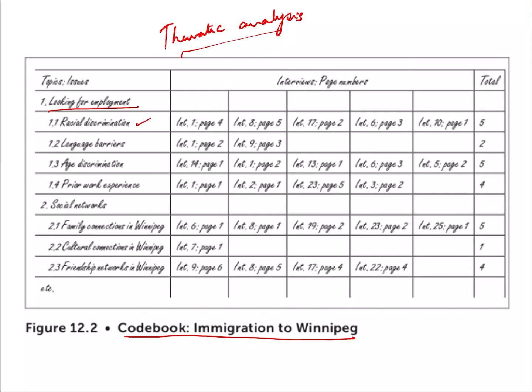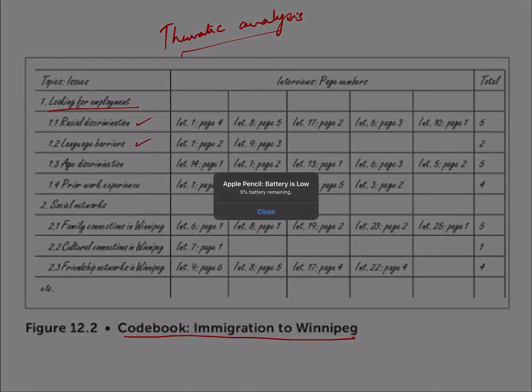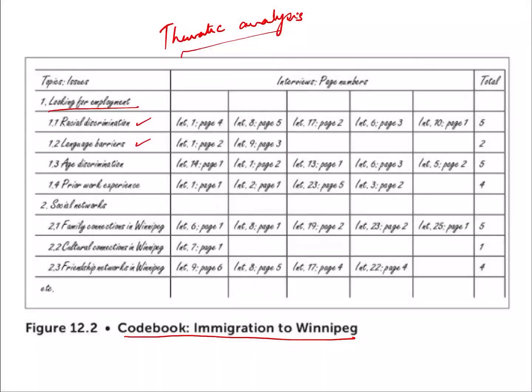So they talk about racial discrimination, they're looking for language barriers, they're looking for age discrimination, prior work experience. Then they have a second theme, social networks, and they talk about different. So this page that you have, this is identifying themes and sub-themes from simply one interview.